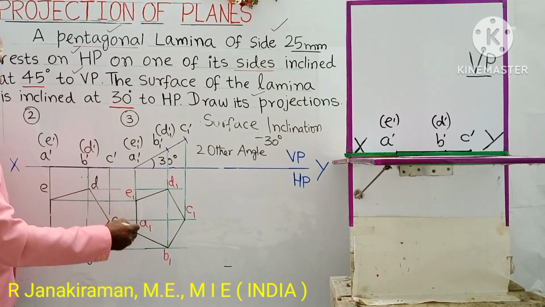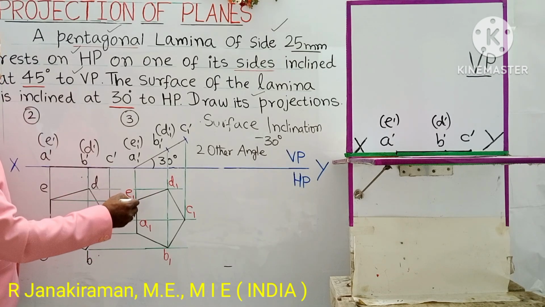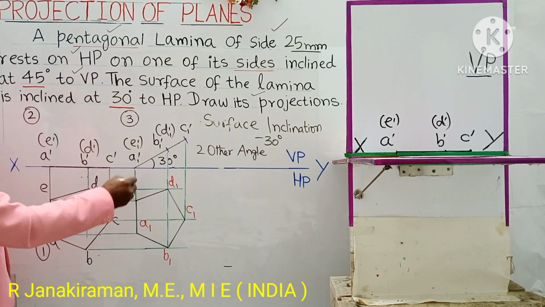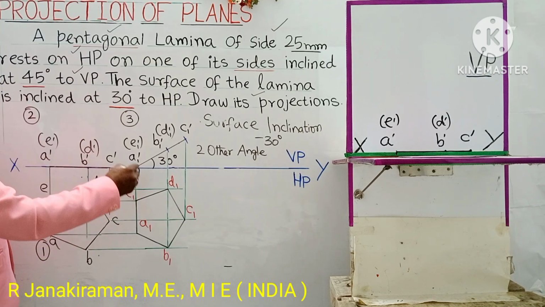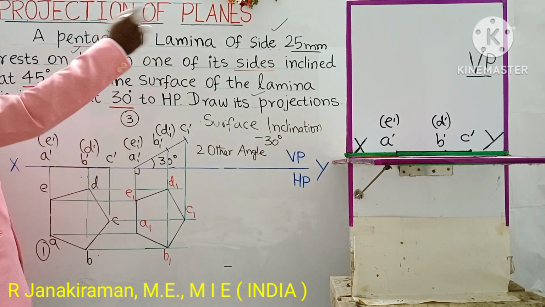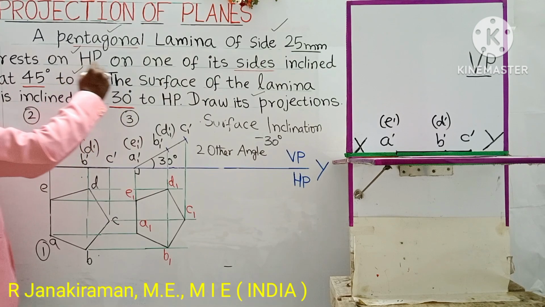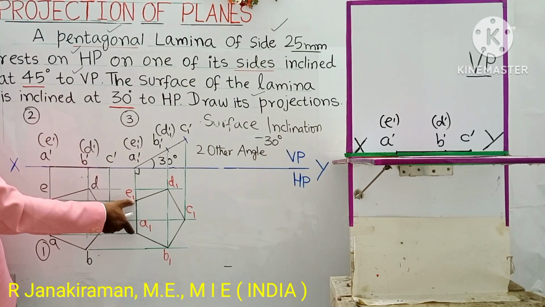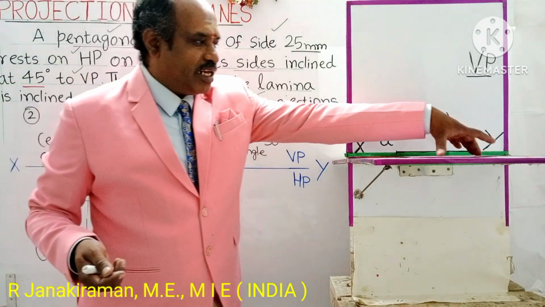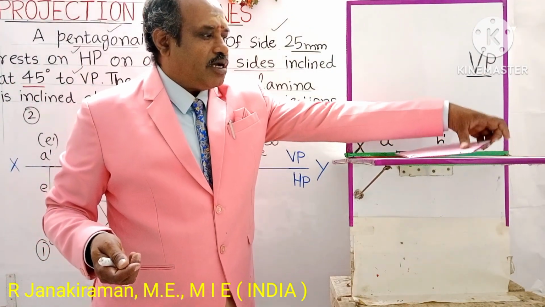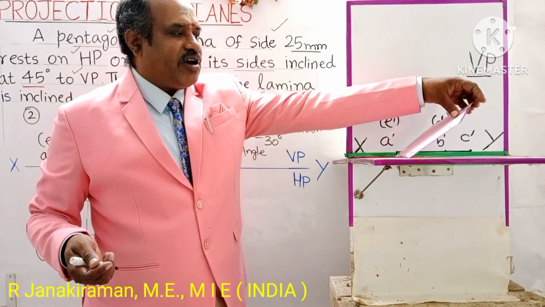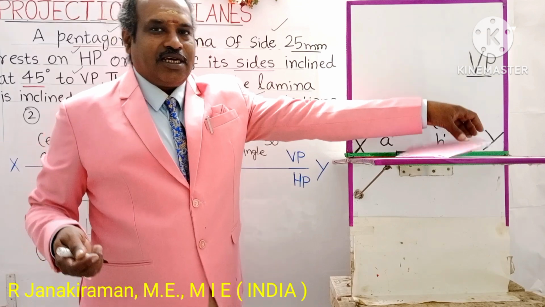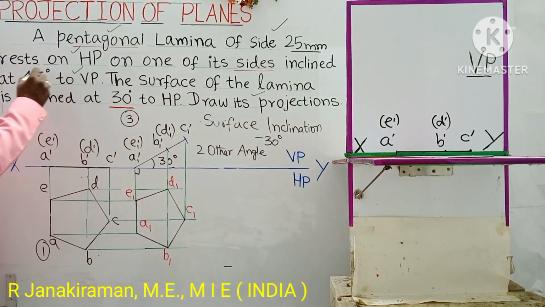This side AE, which I consider the resting side, is perpendicular to the XY line in this diagram. Perpendicular means 90 degrees. But the condition given in the question is for the side to be inclined at 45 degrees, so when I make the surface inclination with AE as the resting side, it has to be turned by 45 degrees. You have to turn it like this, so it is inclined to VP. Inclined to VP means that the angle will always come below the XY line.